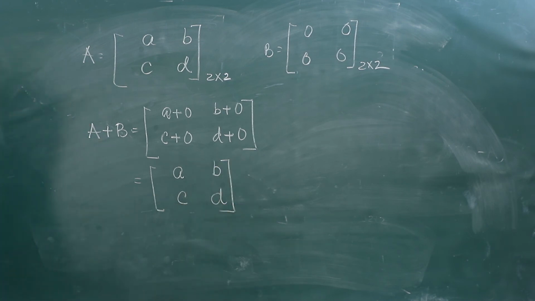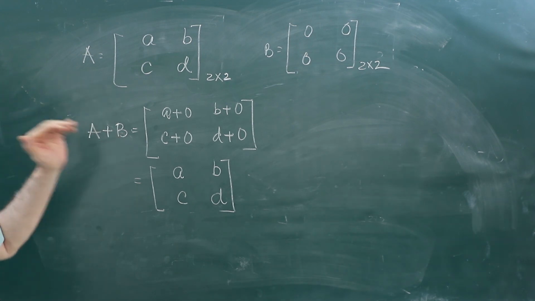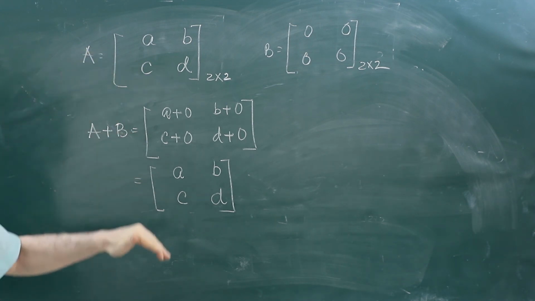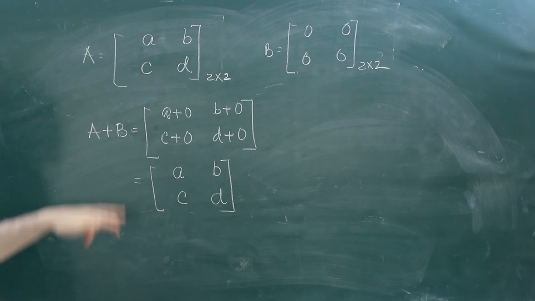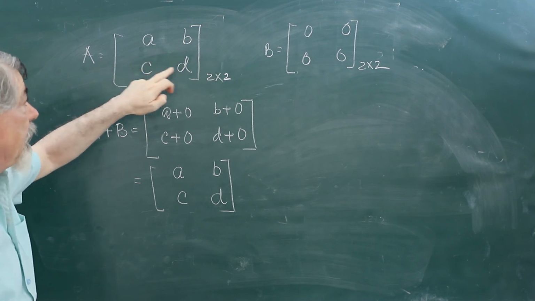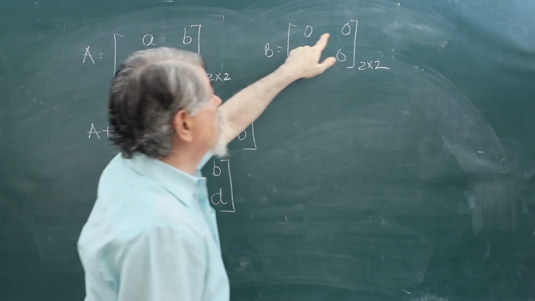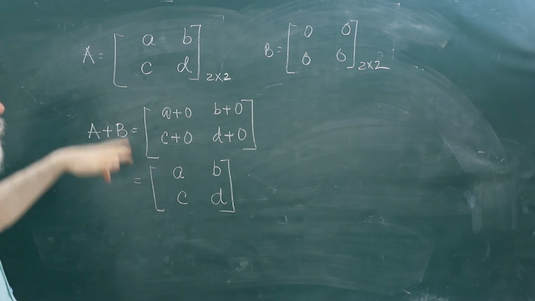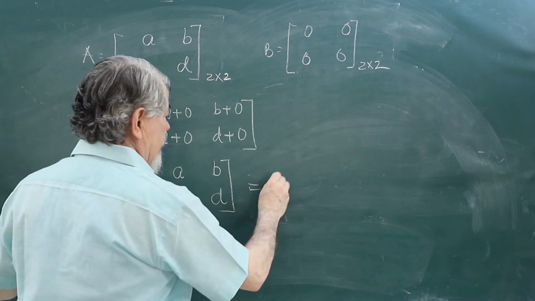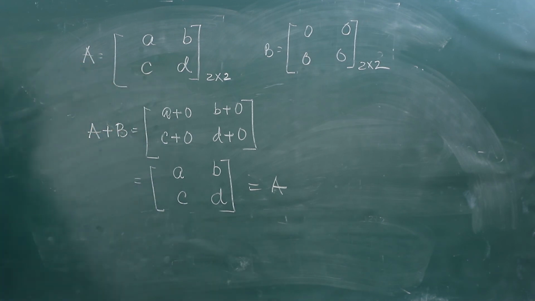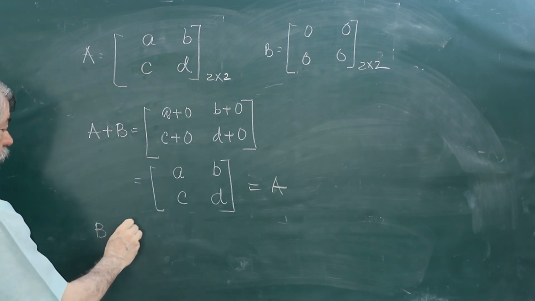That means when I added the null matrix to it, the matrix remained the same as A. A is a, b, c, d, and if I add 0, 0, 0, 0 to it, the final answer was the same as matrix A. So B is called the additive identity.